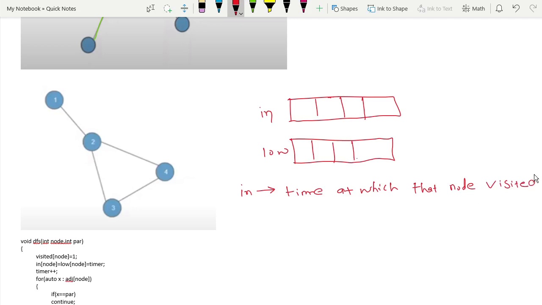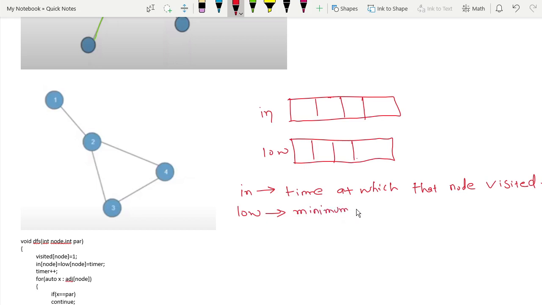And what is the low time? Low time is the minimum ancestor from which that vertex is connected, directly or indirectly.